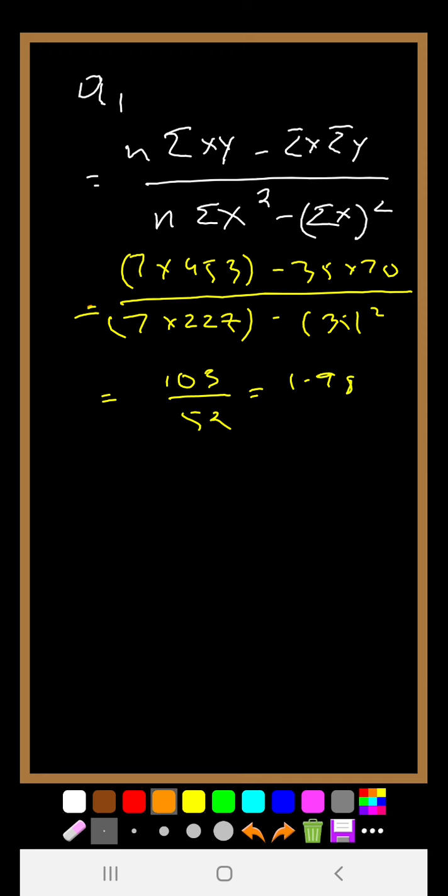So we have obtained two values, a0 equal to 0.096 and a1 equal to 1.98.